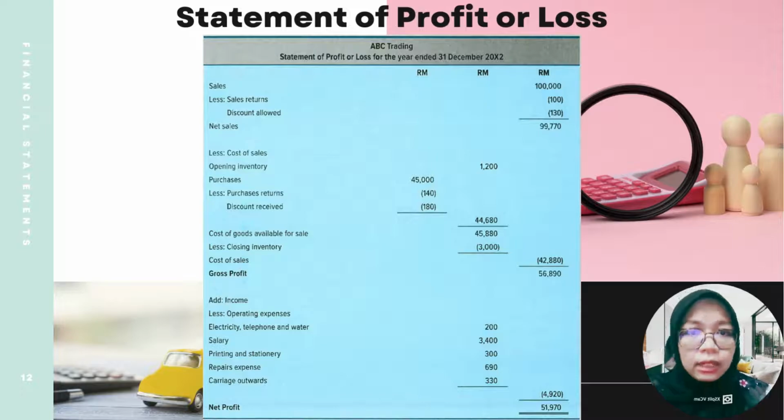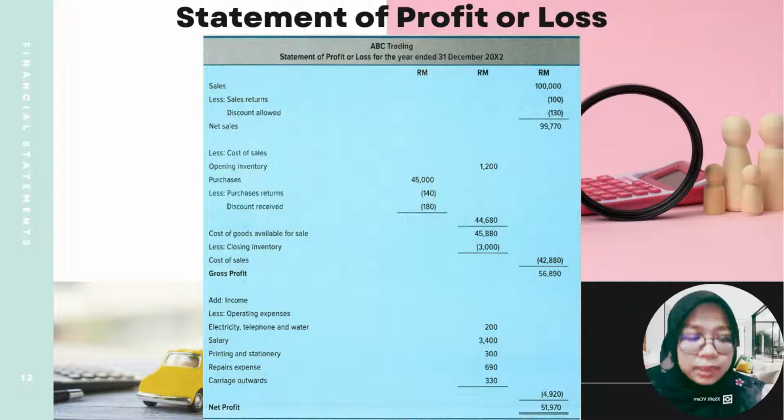When you get this kind of question, you have to prepare your statement of profit or loss first. You start with the business name, and then the title, statement of profit or loss for the year ended, according to the question given. Then you start with sales minus sales return and discount allowed, any amount that lessens your amount of sales, and then you come up with net sales.